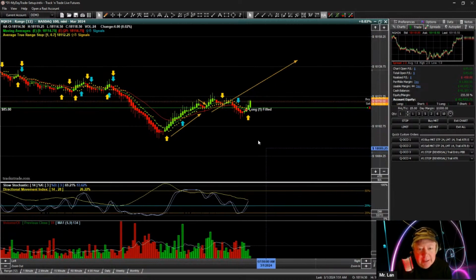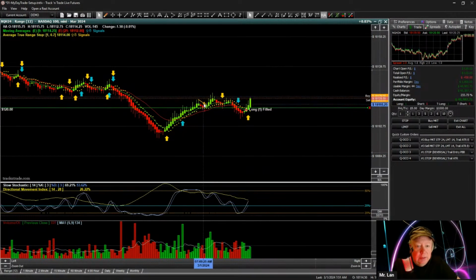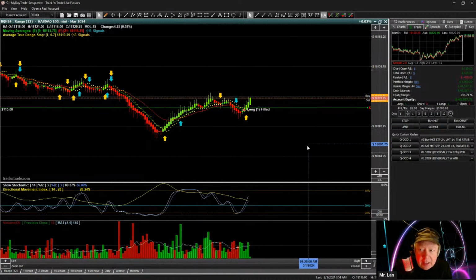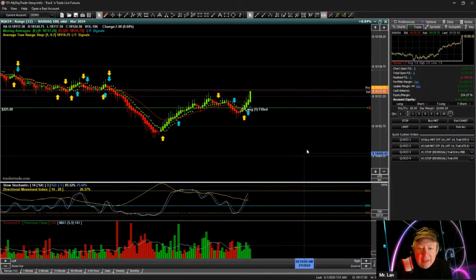So easy, isn't it? It looks so easy in hindsight. Take it, Landon. You're up $130. Just take it right there. Take it. I'm only in with one. I want to see if it'll go farther than that.